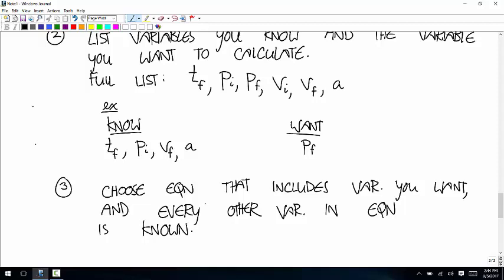If you can find an equation that meets these criteria, then you can use that equation to find what you want.